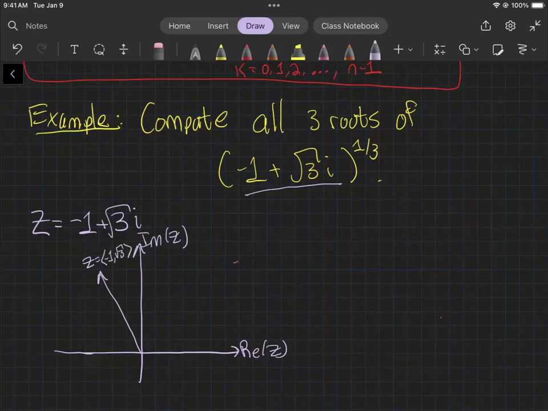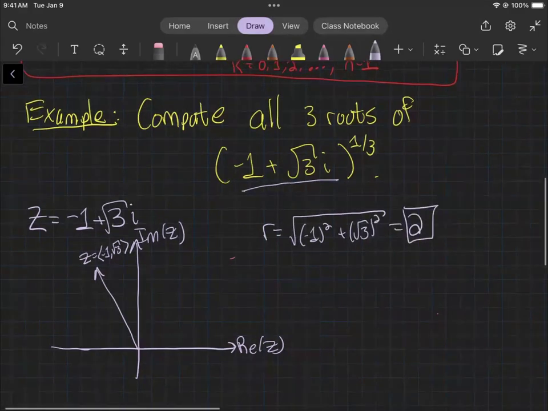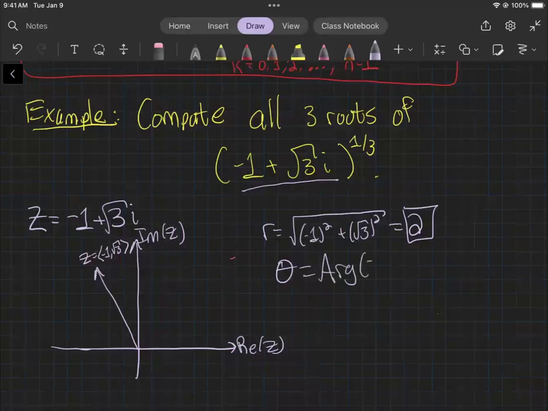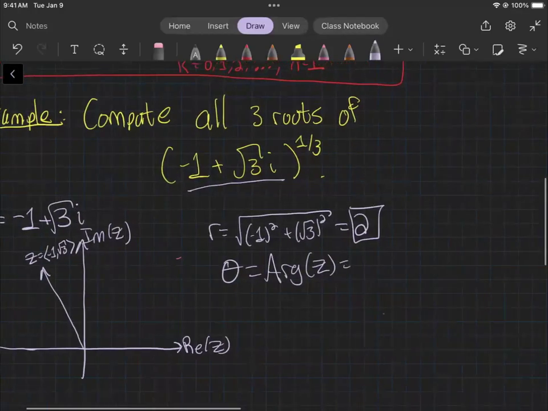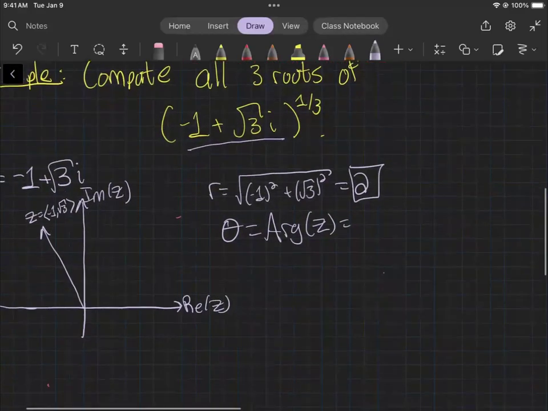The first thing we want to do is figure out the radius. In this case, r is equal to the square root of minus 1 squared plus square root of 3 squared, which should be 2. R is 2. Theta, on the other hand, we want to figure out the principal argument of z.